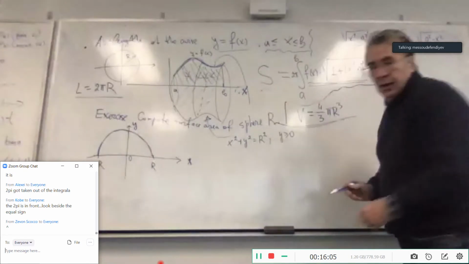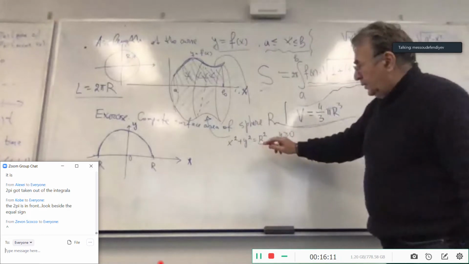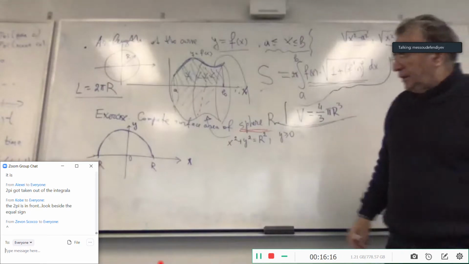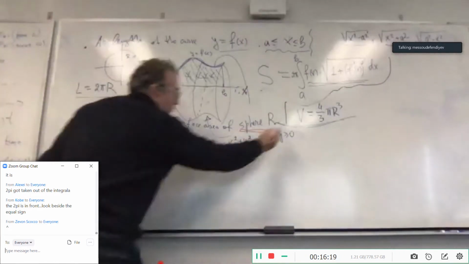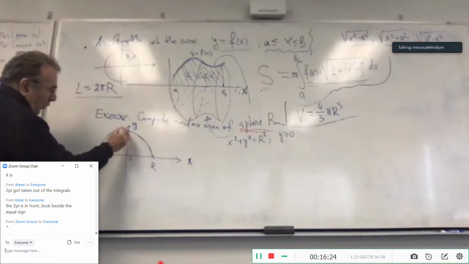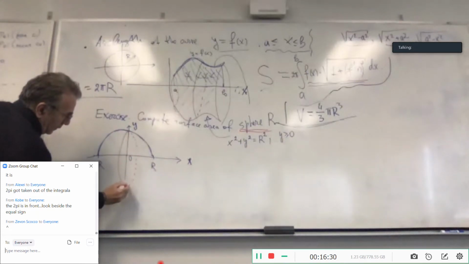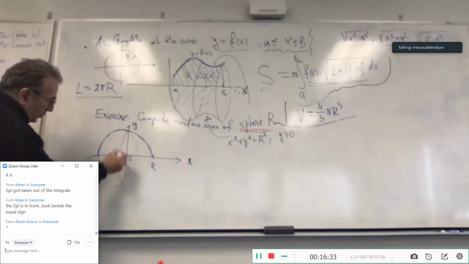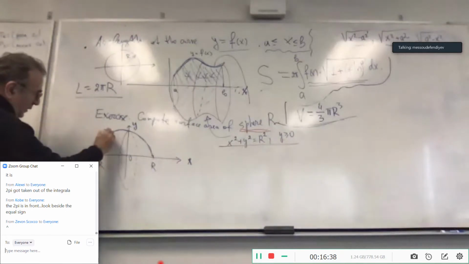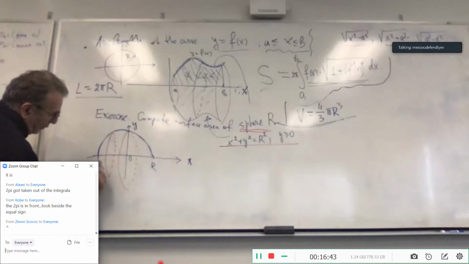Now you can easily see that this sphere can be obtained by reflection of this semicircle with respect to the x-axis. If you rotate like this, you will have this sphere.